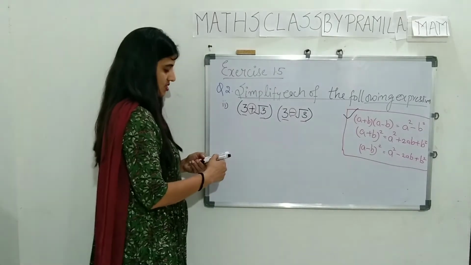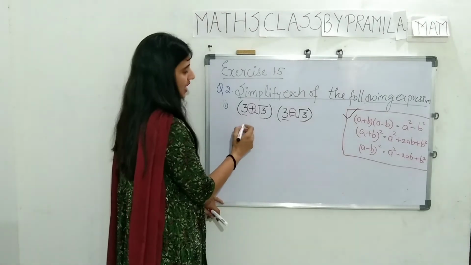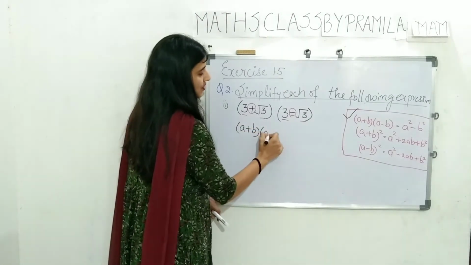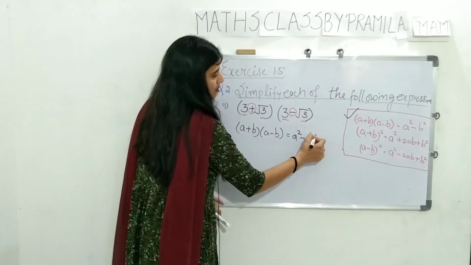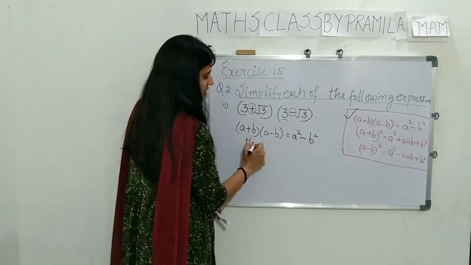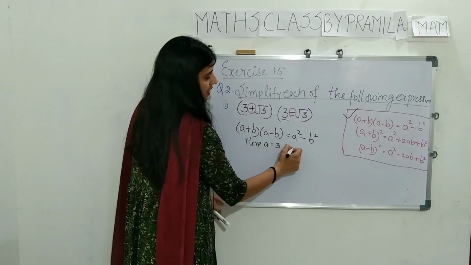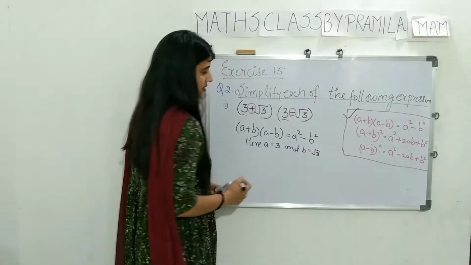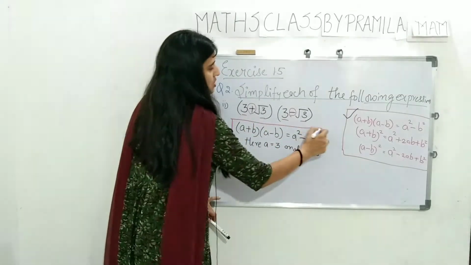But you have to mention which identity you are using. So (a plus b)(a minus b) is equal to a square minus b square. Here a is 3 and b is root 3. Okay, and you have to put this in a box, very important, just to highlight.